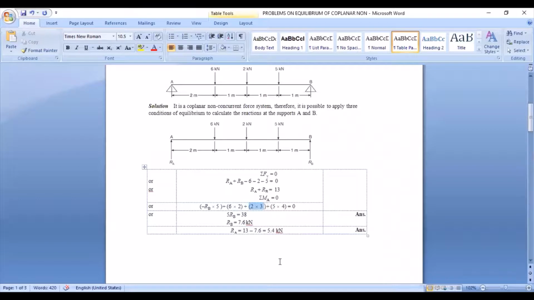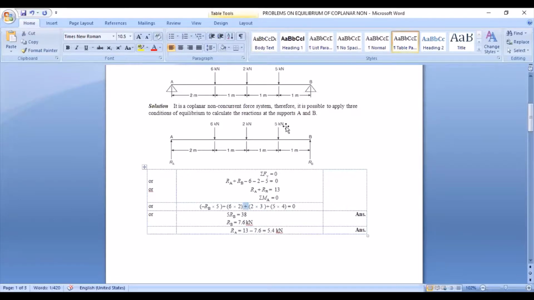Now, what type of movement is it causing? If you keep your thumb on the moment center and move your forefinger in the direction of 2 kilonewton, you find that it is causing a clockwise movement, and thereby it is supported with the positive sign.